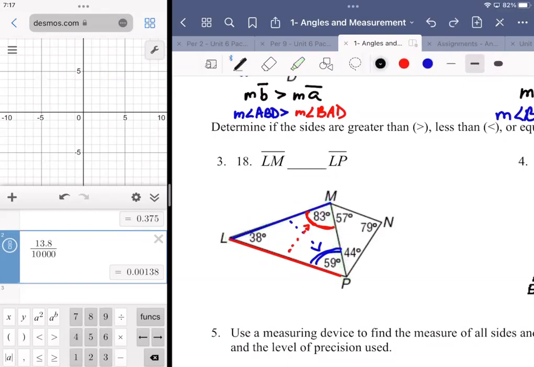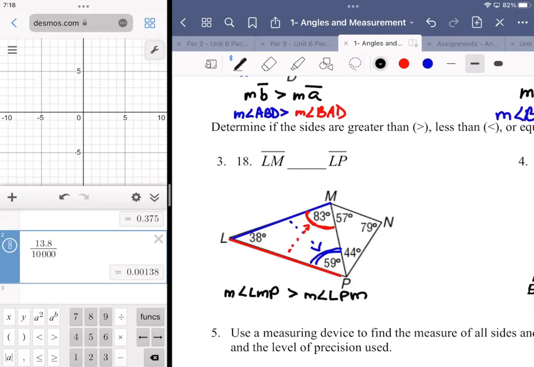So the measure of angle LMP. Now this number is bigger than this number. So that's going to be bigger than, now I just want to name this angle here. So pick a starting point, like over here, follow the path L to P to M. So the measure of angle LPM. All right, so that's the relationship between the two angles.